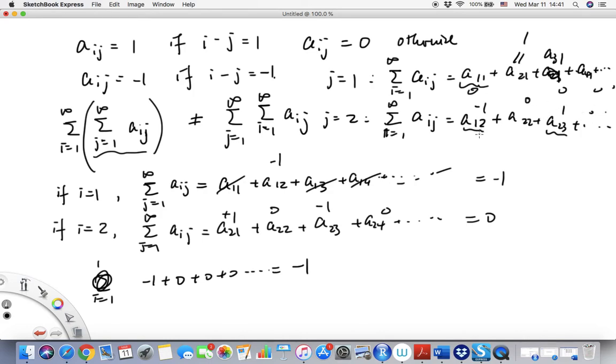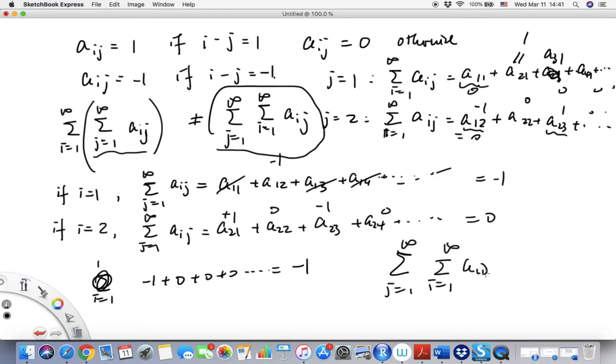So minus 1 and 1 cancel out, so this is 0. As you can see, for all the other j's, this sum is equal to 0. So the term on the right-hand side, the sum over j from 1 to infinity of the sum over i from 1 to infinity of a_ij, would be 1 plus a bunch of zeros. So the answer is 1. You can see these two are not the same. So the moral of the story is you cannot switch summations.